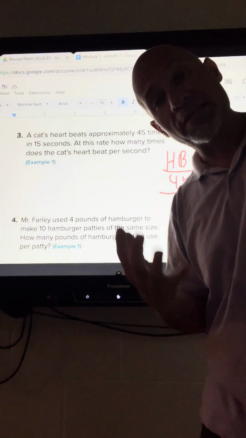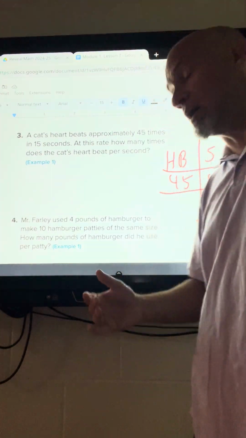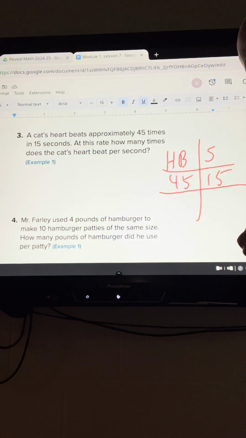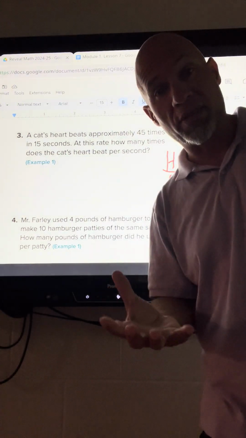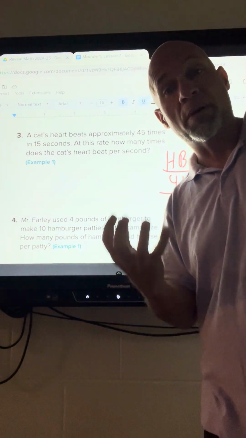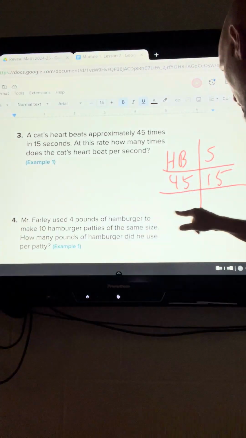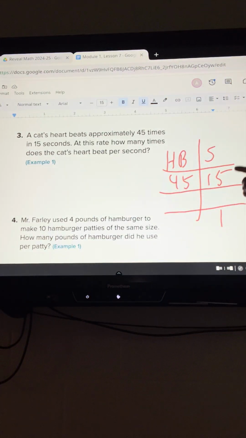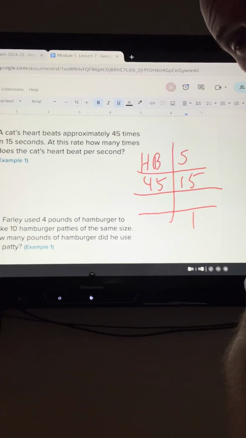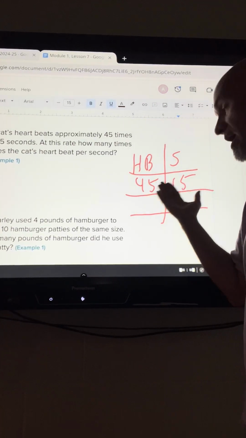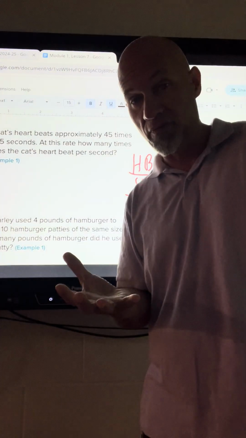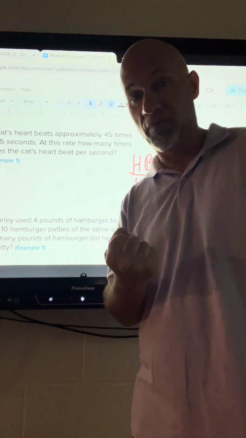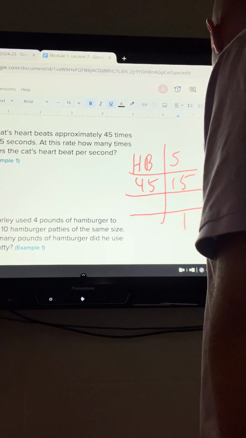Find a common factor for 15 and 45. You know that 5 should fit into both of them. There's actually something bigger that fits into both of them. So come up with that common factor to get it lower on your way to getting a 1. Some of you might be able to do this in one step. Some of you might have to find that common factor. If they both end in 5, we should know what could fit into both 45 and 15. All right, use that to help you.